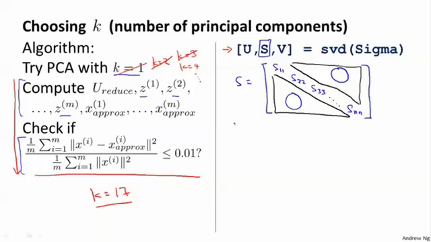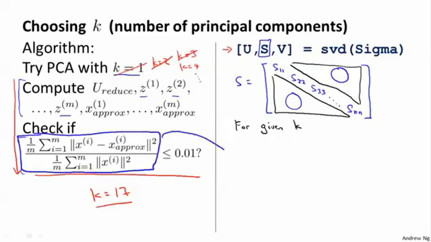And so what is possible to show, and I won't prove this here, is that for a given value of k, this quantity over here can be computed much more simply, as 1 minus the sum from i equals 1 through k of Sii divided by the sum from i equals 1 through n of Sii.